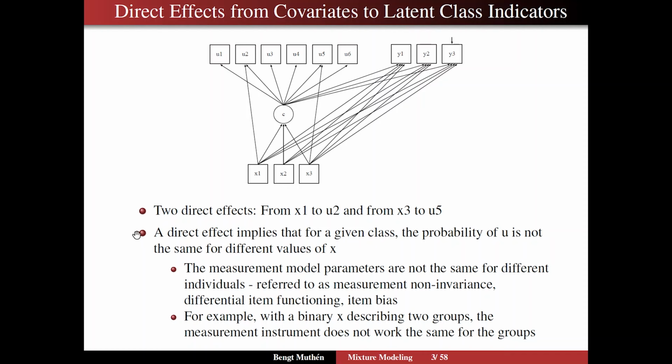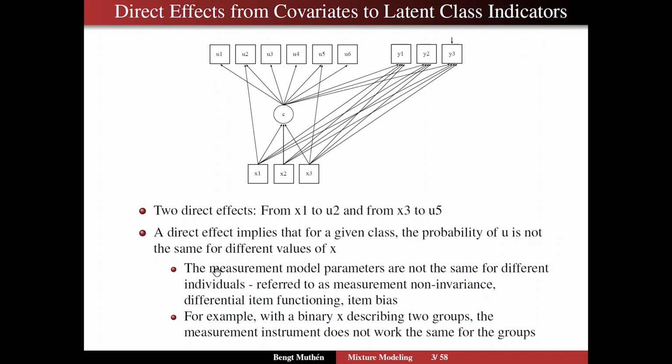So a direct effect implies that for a given class, conditional on C, the probability of u is not the same for different values of x. So different individuals having different x values will have different probability of u, even conditional on class.